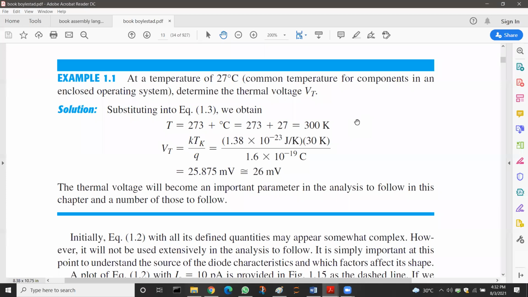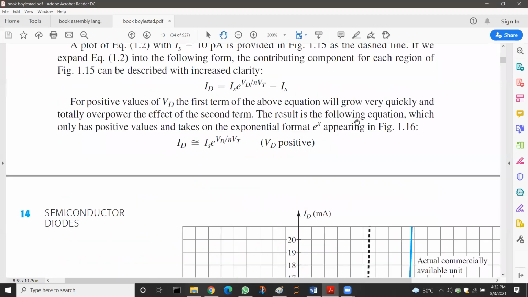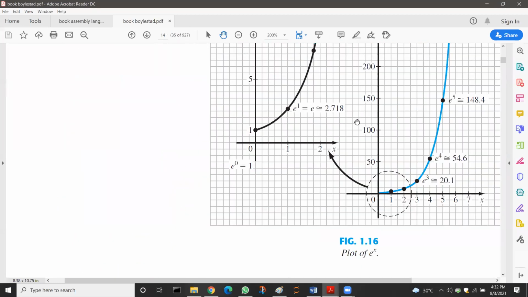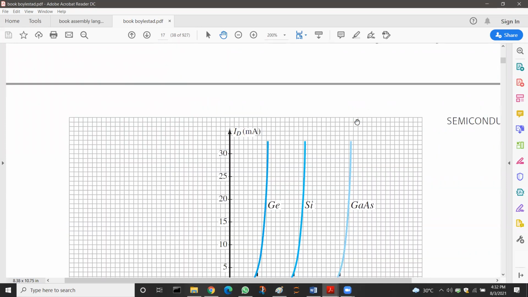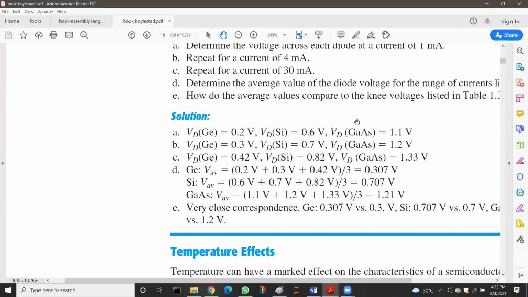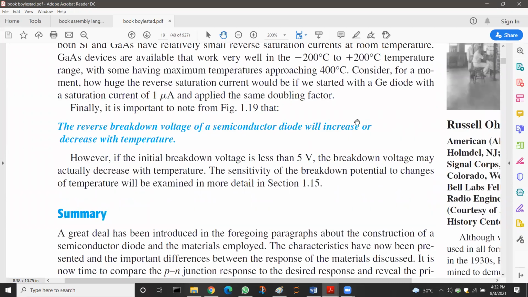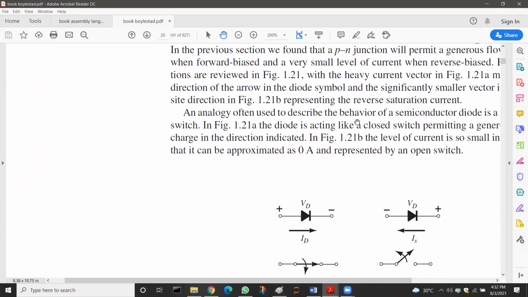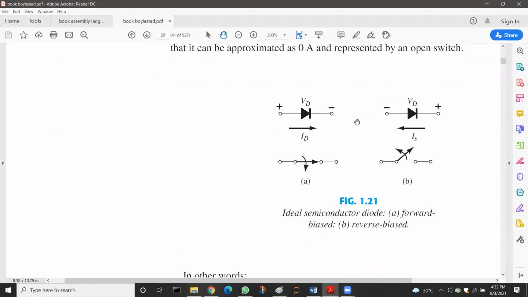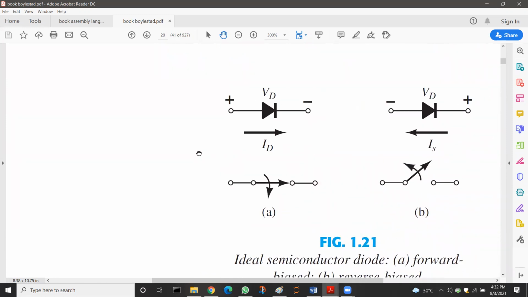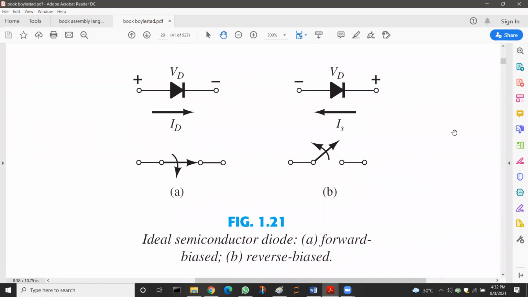Now we move towards the diode models. Skip through a few pages. This is a diagram which first shows the ideal semiconductor diode model.